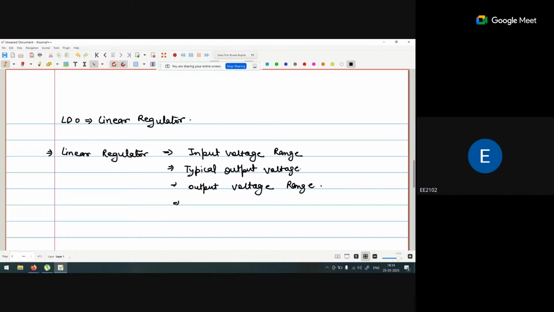Fourth is output accuracy. Next is line regulation.